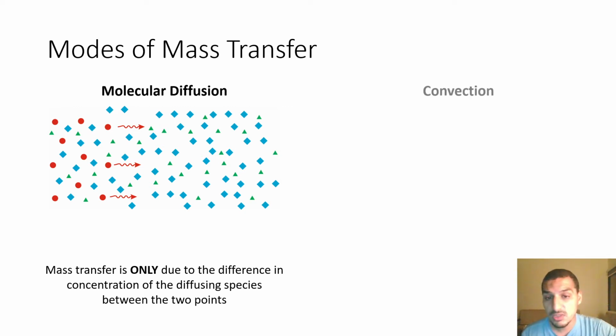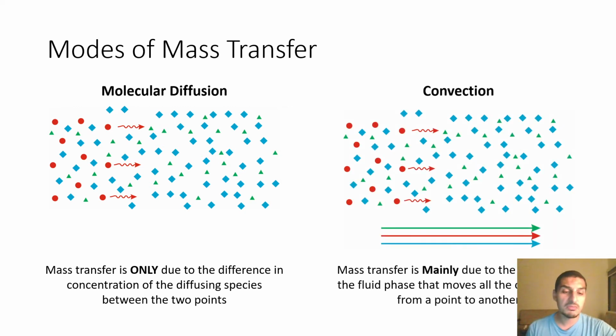The other mode is called convection, and the name tells a lot about what takes place here. In this mode, we also have a difference in concentrations: high concentration here, low concentration here, but there is a bulk flow, maybe due to a pump, maybe due to a fan or whatever. If you have a fan in a room pushing air, and there is perfume or something, the perfume will be driven with the bulk flow of the air molecules from one point to another.